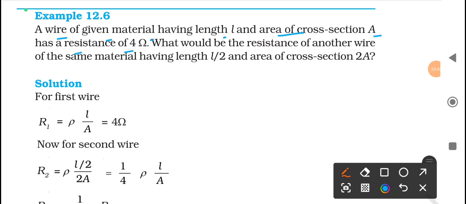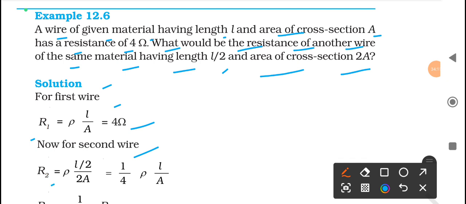Example 12.6. A wire of given material having length L and area of cross section A has a resistance of 4 ohm. What would be the resistance of another wire of the same material having length L by 2 and area of cross section 2A? Solution.